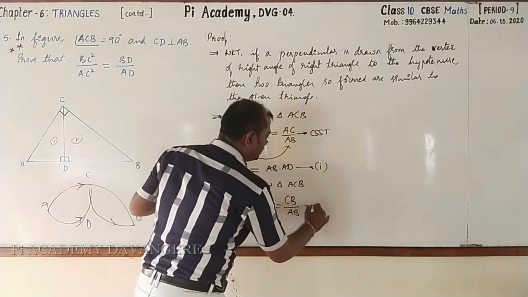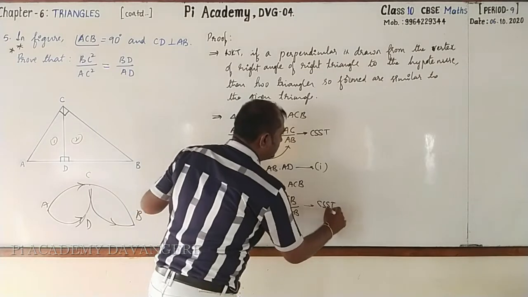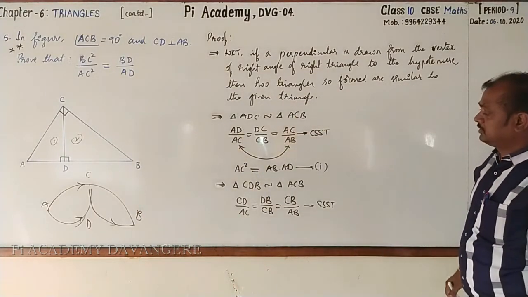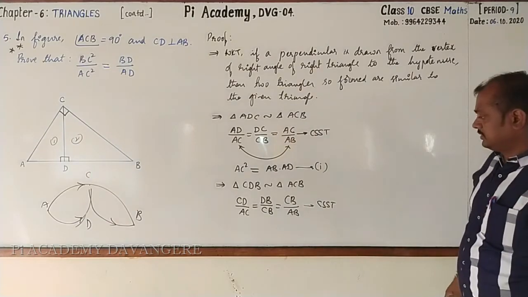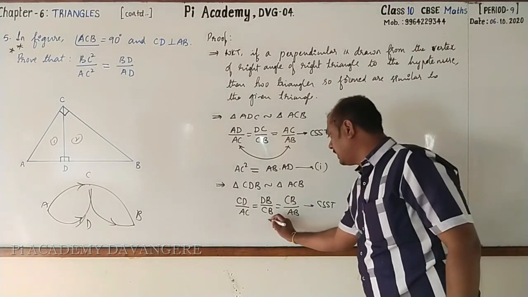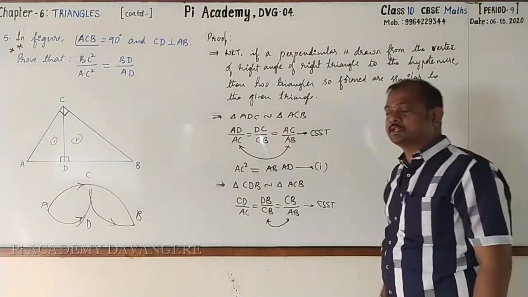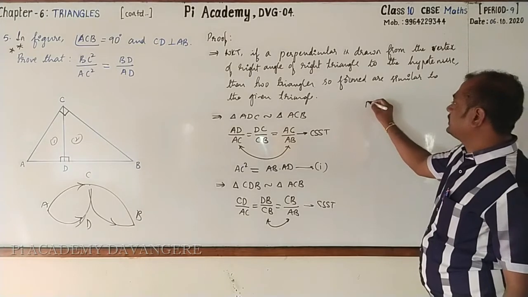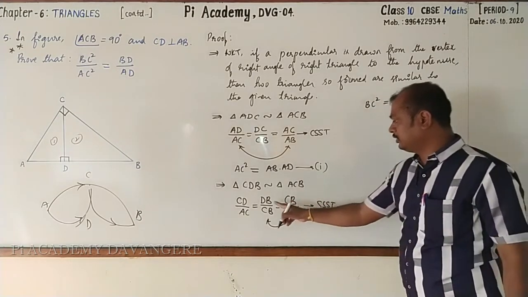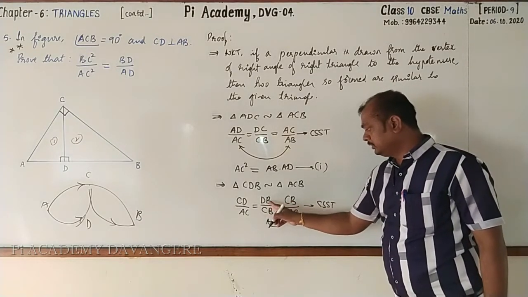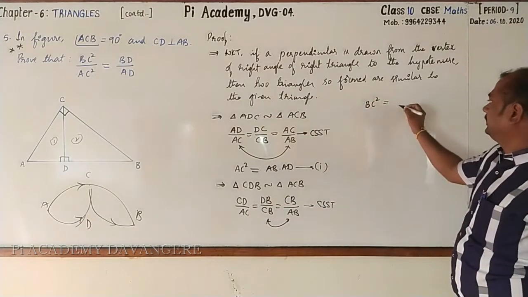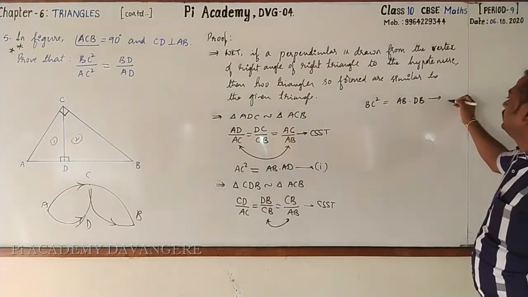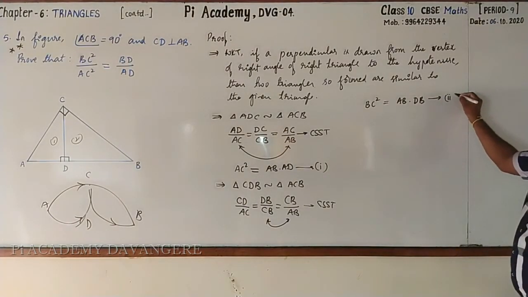Followed? Here I write CSST. Then which two ratios can be taken in which the common side is there? Here CB and CB. I'll go for taking the first, second and last. Then CB into CB, CB square or else BC square, is equal to AB into DB. You may call this statement 2.